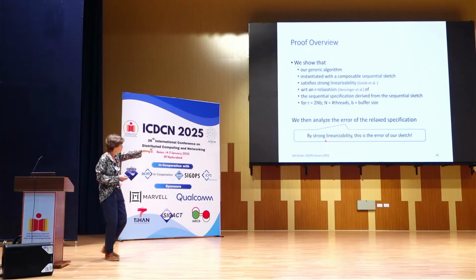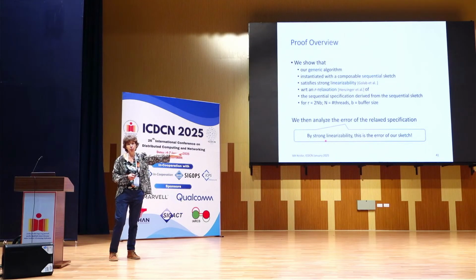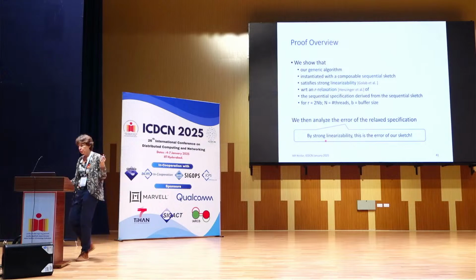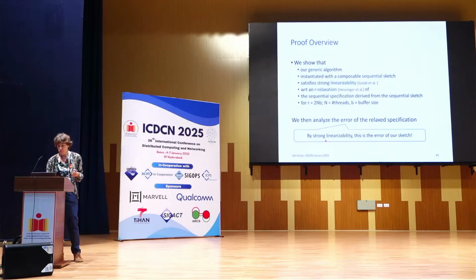And so again, strong linearizability has the property that this is the error of the sequential sketch. Because if you take a sequential sketch and replace it with an R-relaxed, strongly linearizable one, you get an R-relaxed sequential one. That's the property of strong linearizability.